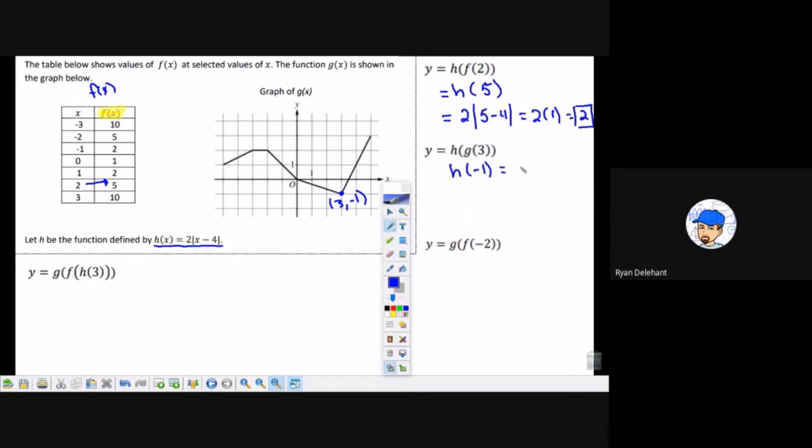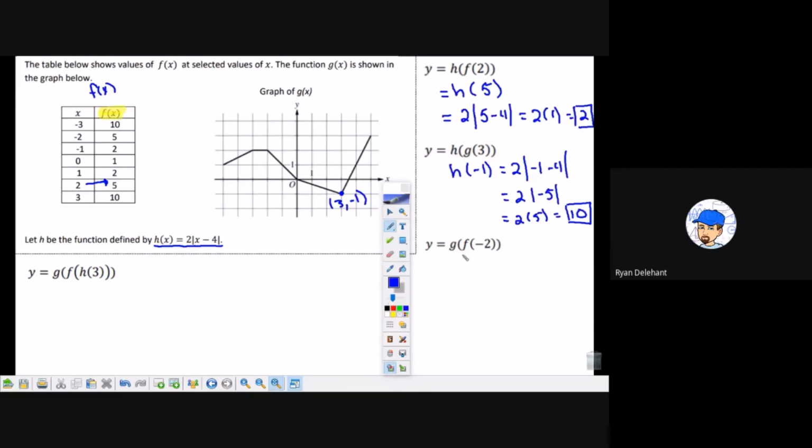So that means we're going to go 2 times the absolute value of -1 minus 4. And now we need to be cautious in here. 2 times the absolute value of -5. The absolute value of -5 is positive, and 2 times 5 would give us a result of 10 for that composite.